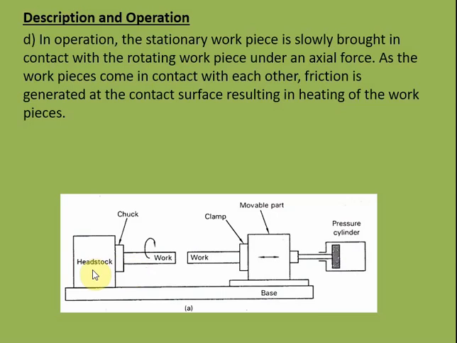After that, the workpiece fixed inside the chuck is rotated at very high RPM. Once it reaches the required RPM, the movable part is pushed towards the headstock, so that the workpieces touch each other.